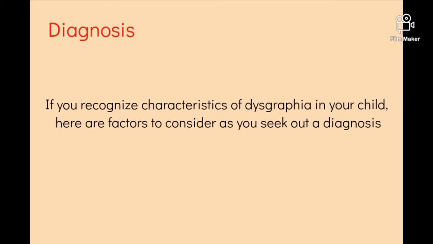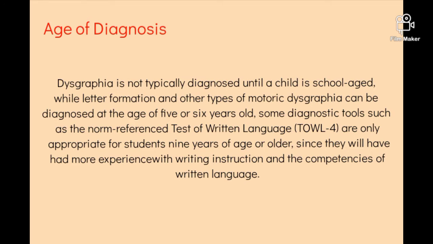Diagnosis. If you recognize characteristics of dysgraphia in your child, here are factors to consider as you seek out a diagnosis. Age of diagnosis. Dysgraphia is not typically diagnosed until a child is school age, while letter formation and other types of motoric dysgraphia can be diagnosed at the age of 5 or 6 years old.